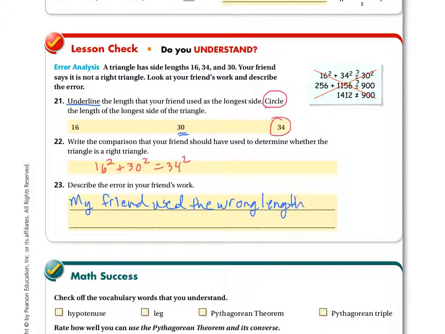I want you to talk about what you said, that how you described your friend's error. I want you to talk about it with those around you.